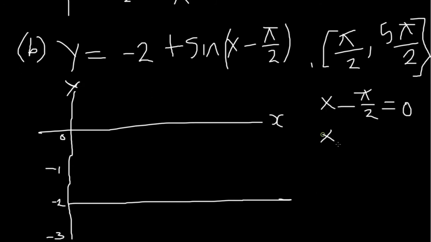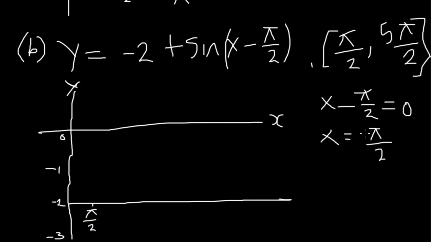So the value of x where the graph is going to start from is pi over 2. So I'll write my pi over 2 there.